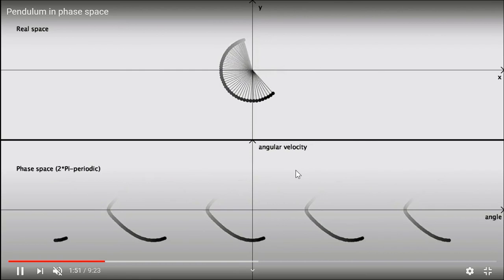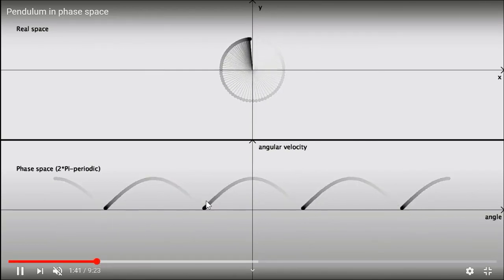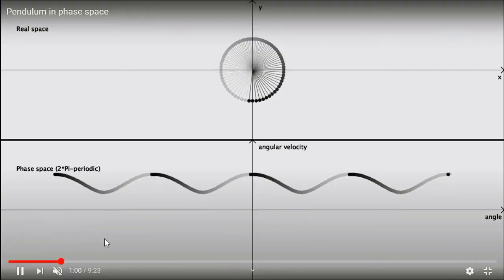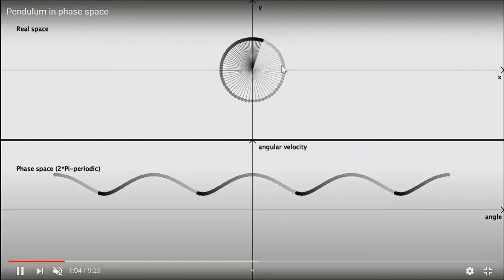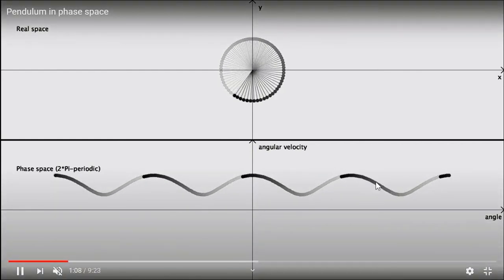Now it is coming back, but a little earlier, what you saw is that line. From here, it went again like this. So for a pendulum, if you give it enough energy, it will go on a circle, and the phase space diagram would look like this.